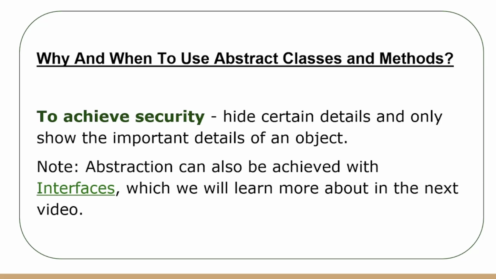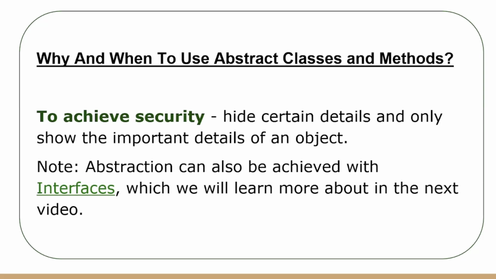To achieve security, suppose you don't want to show the internal working or some business logic to anybody, so better you write it in an abstract class, and allow people to extend this class, and they will be able to invoke those methods. Suppose you are working on some SDK, and you want to provide an SDK tool to other people to develop their own software, there it is very useful.